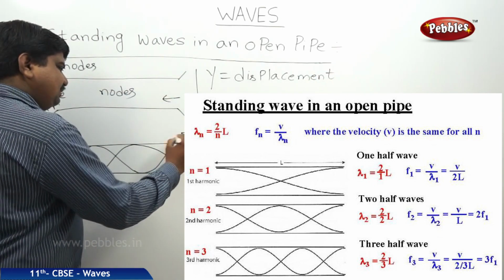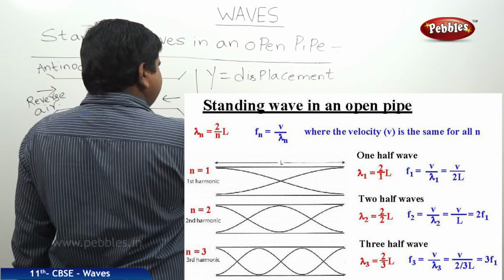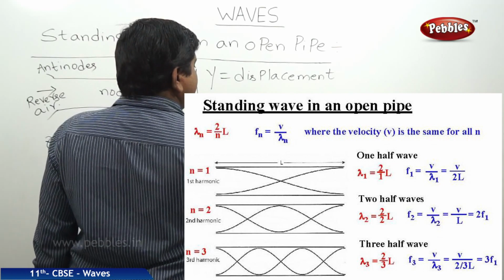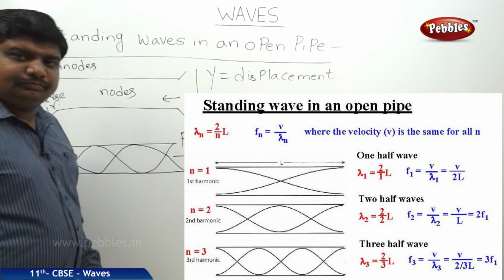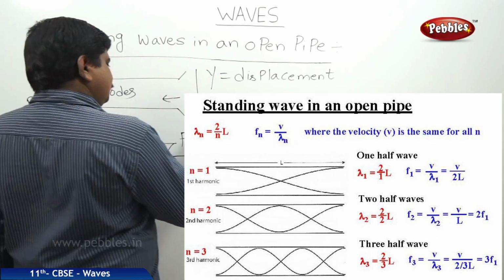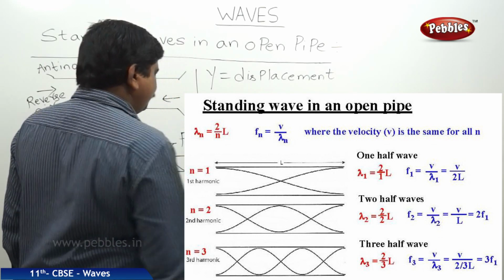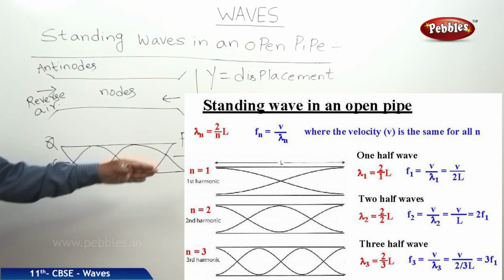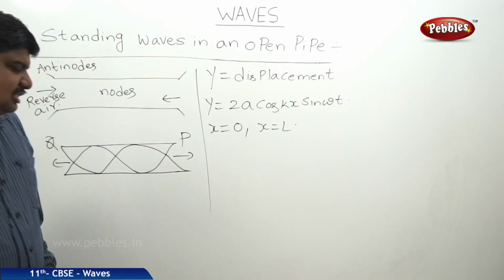The first end is P, the second end is Q. At Q it is reversed. So therefore displacement y is equal to 2a cos kx sin omega t. At x is equal to 0 and x is equal to L, these are the 2 points. 0 means the starting point, L is the end point. So at end points, we are expecting the maximum displacement.